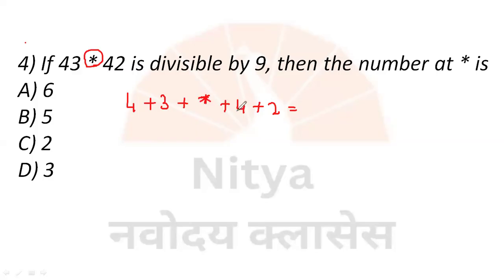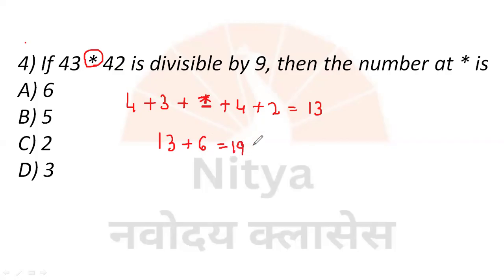So 4 plus 4 is 8, and adding everything, we get 13. Okay, in 13, what number must be added so that the number is divisible by 9? So check the options. Option number A, if we add 13 plus 6, we get 19.